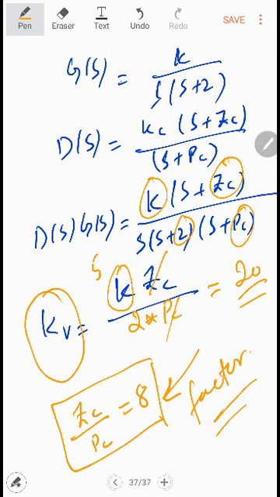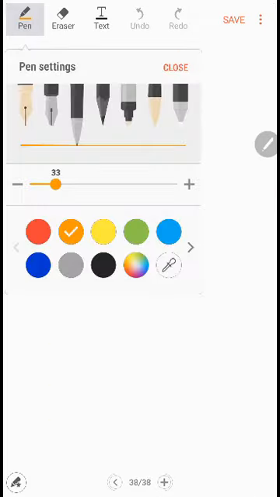This is why we have to carefully select the values of ZC and PC so that the system gain will be increased. So let's see how to select this one. Again, we have one pole which is at 0, another pole which is at -2.